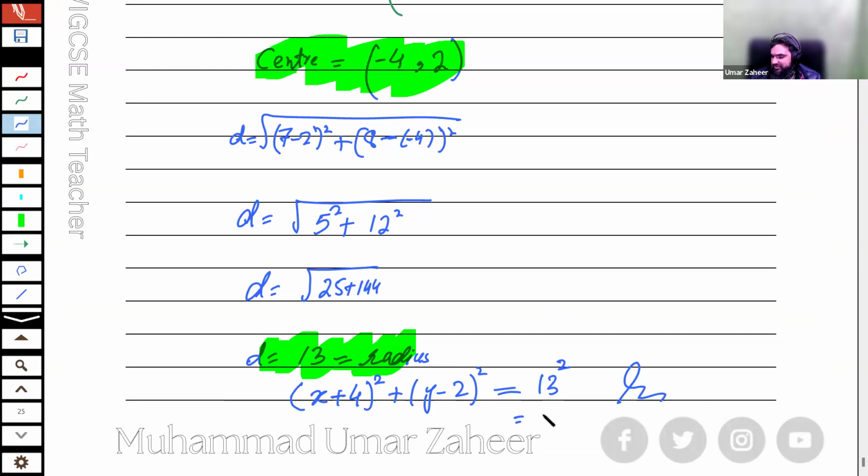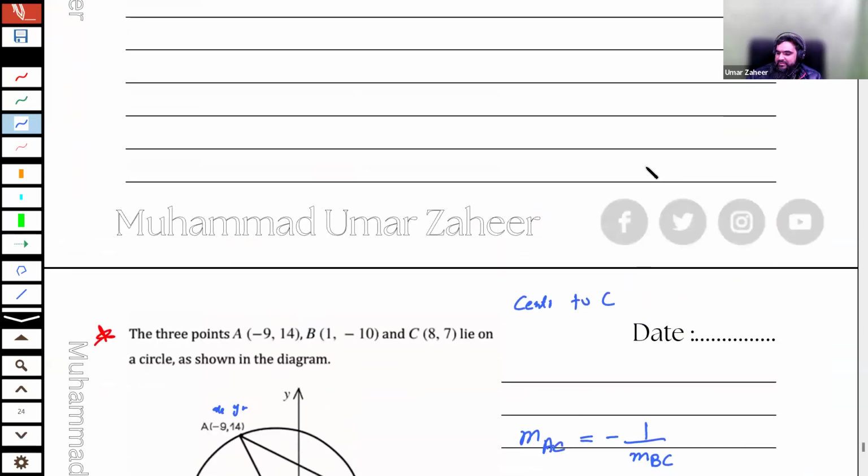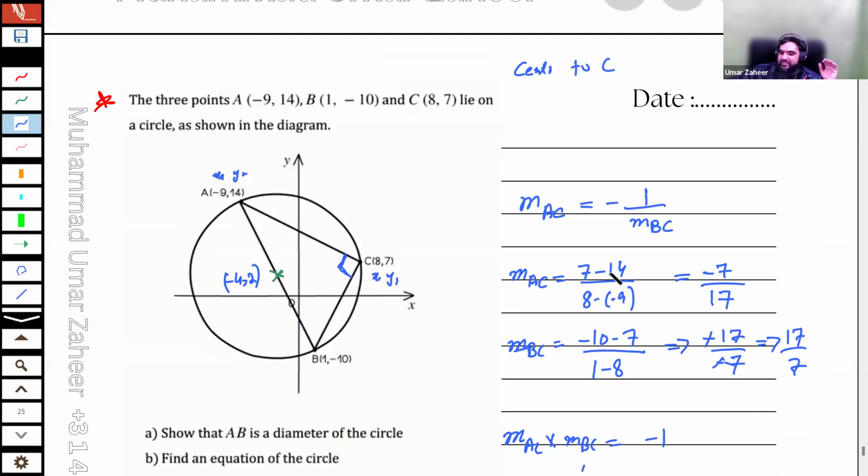It will become 169. Yes, everyone, is it clear? The examiner is going to give you the diameter, so using the diameter, you have to find the equation of a straight line.